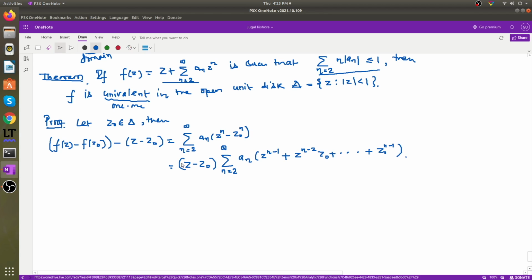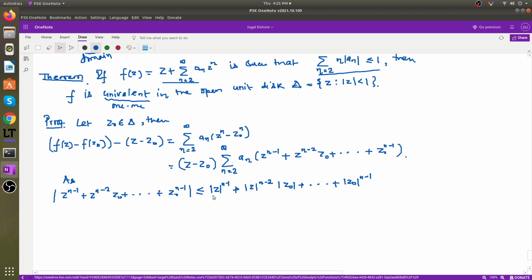Also we have the modulus of z^(n-1) plus z^(n-2) z naught plus up to z naught^(n-1). Using the triangle inequality, this is at most |z|^(n-1) plus |z|^(n-2) |z naught| plus up to |z naught|^(n-1).